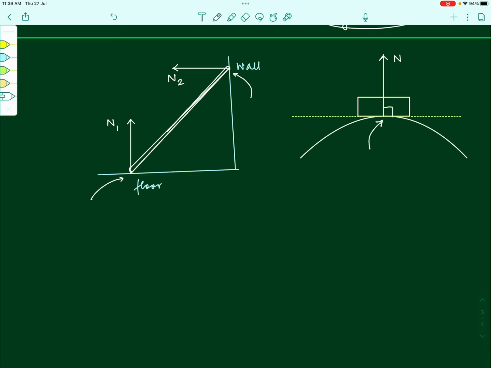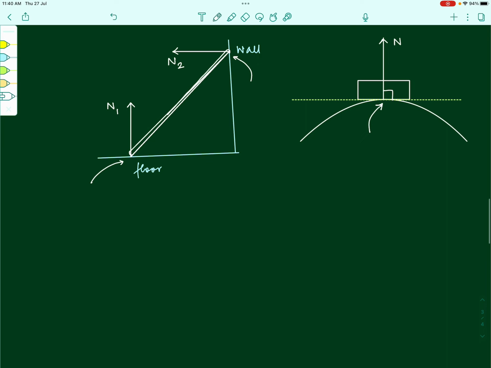Okay, so there will be many cases where we shall get to see curved surfaces creating normal reaction on bodies kept over them. This is how you take the direction of normal reaction there. Let's take up another example based upon the same concept.